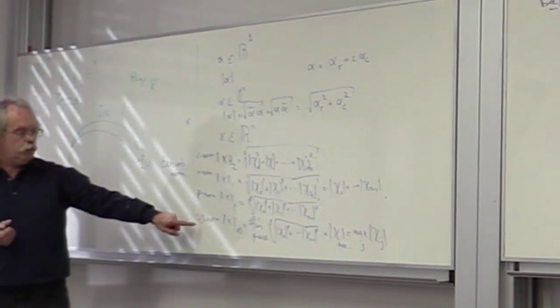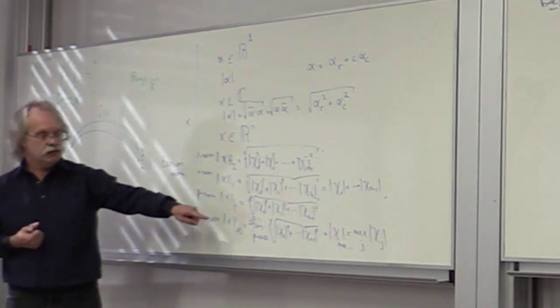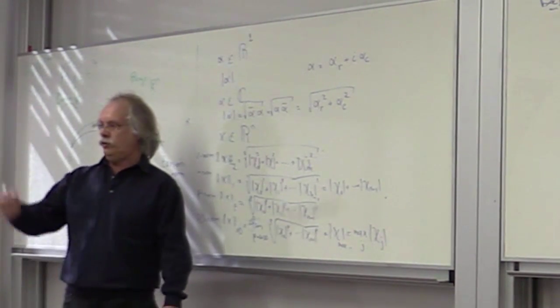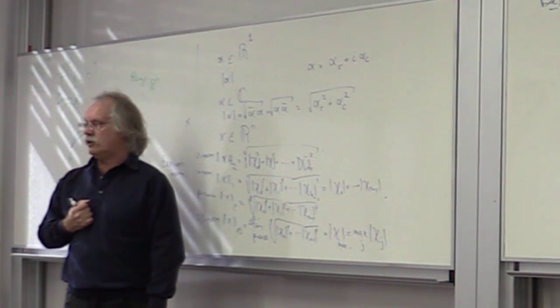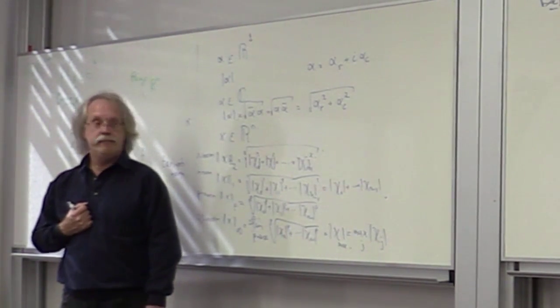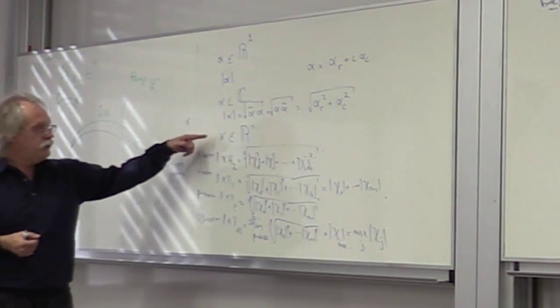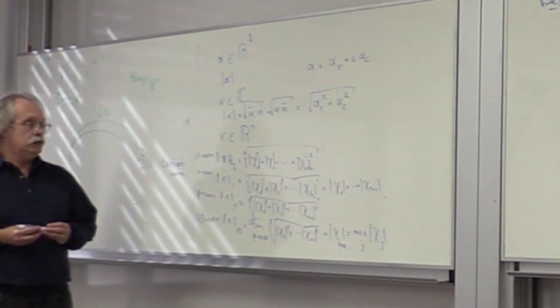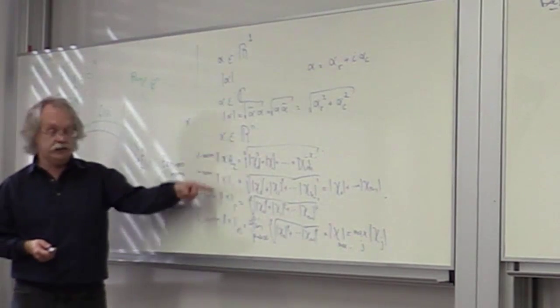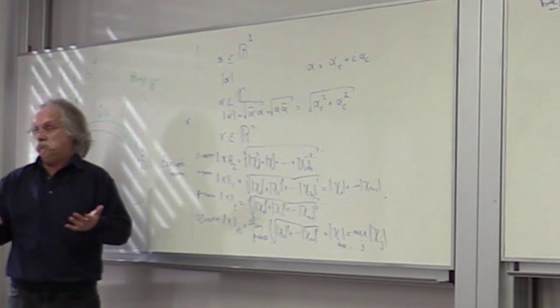So to compute the infinity norm of a vector, all you have to do is scan through all of the elements and pick out the one that's largest in absolute value, magnitude, and now that is your norm. And notice that you can prove that all of these norms are actually norms. I mean, I'm just calling these norms. Are they really norms?